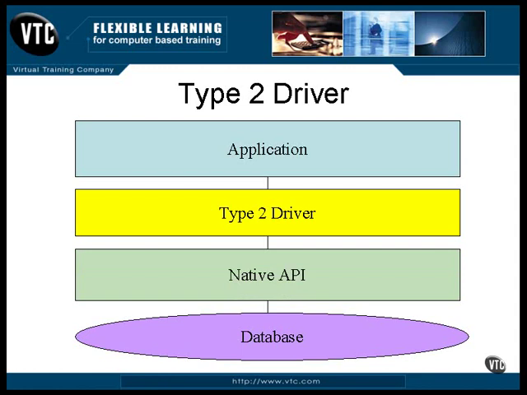A Type 2 driver is like a Type 1 in that it communicates through the native API of the database, but it makes the calls directly to the API instead of going through an intermediary bridge. This is a more efficient driver because it skips that intermediate step of the bridge. A Type 3 driver talks to a middleware process, usually running on another machine.